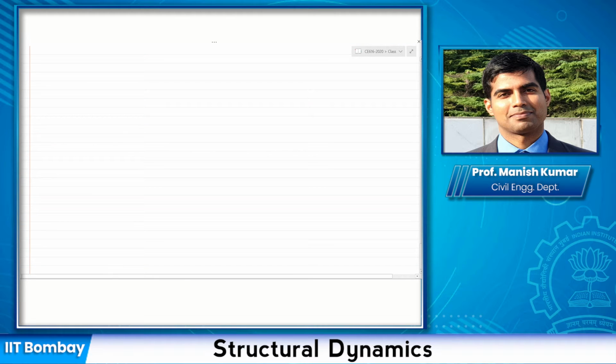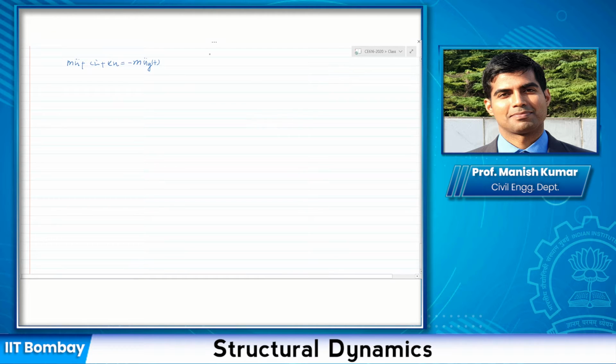So we are going to continue from the last class. What we discussed in the last class, if we have the equation of motion that we have been writing so far, for earthquake excitation, it can be written like this. And earthquake excitation is already given in terms of time-acceleration pairs, or the time step would be given to you and only the acceleration values given to you.